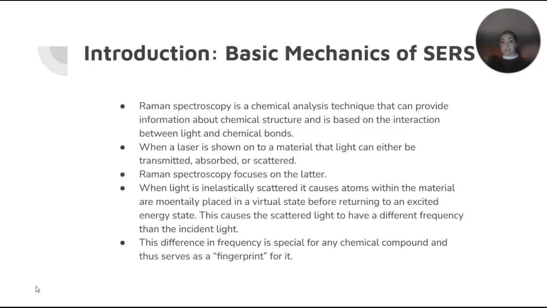So when a laser hits a material, three different things can happen. The light can be transmitted, it can be absorbed, or it can be scattered. Additionally, when it's scattered, it can either be elastically scattered or inelastically scattered. Raman scattering is this inelastic scattering.